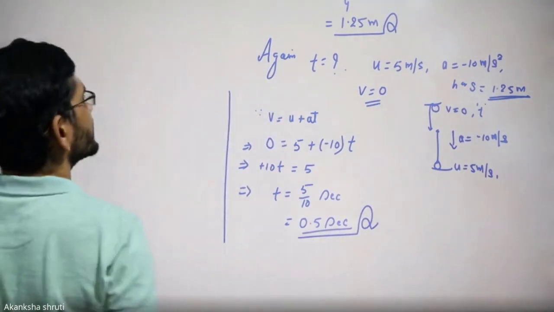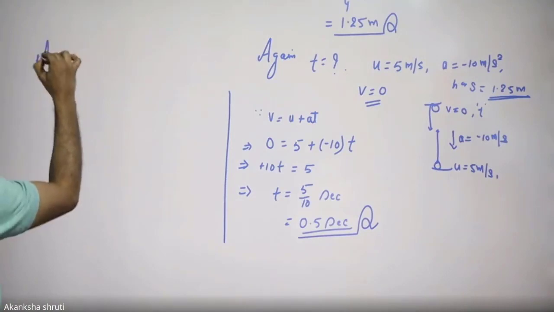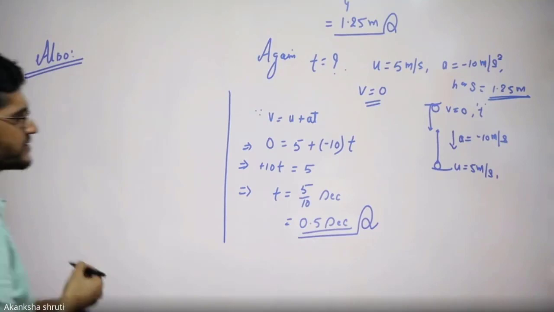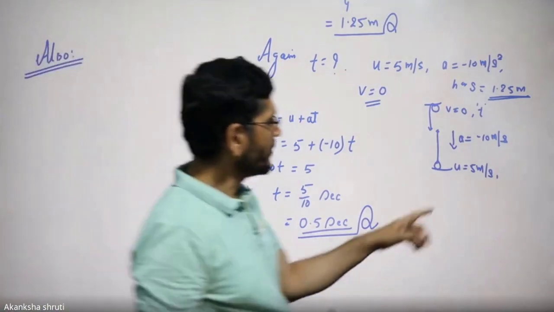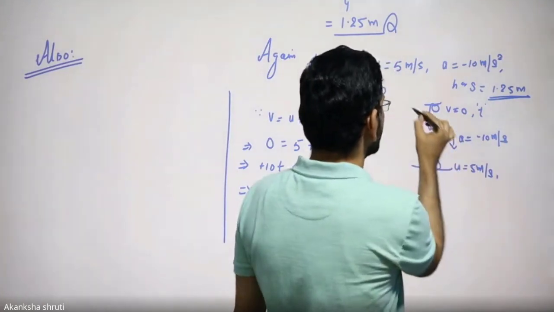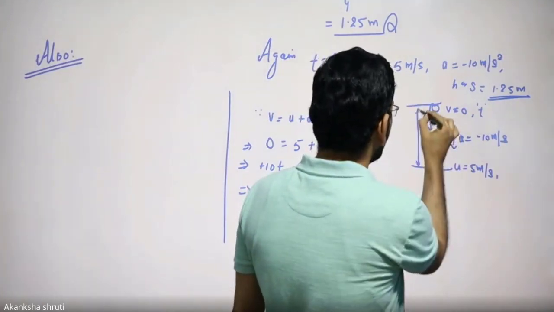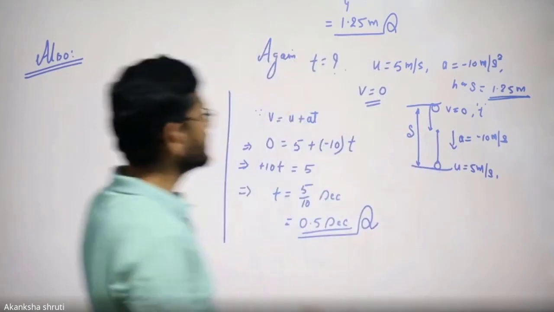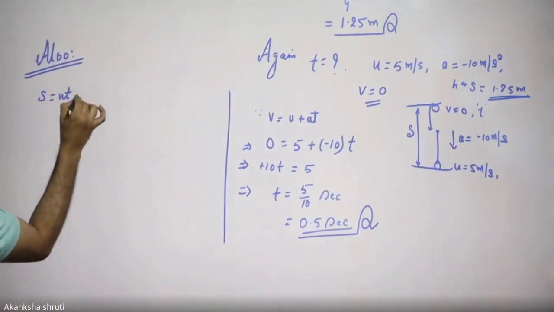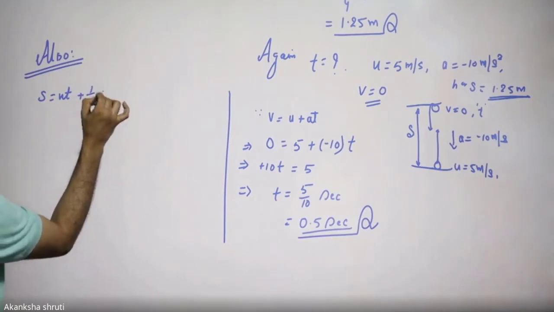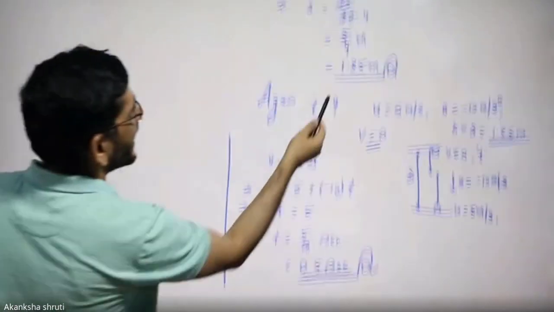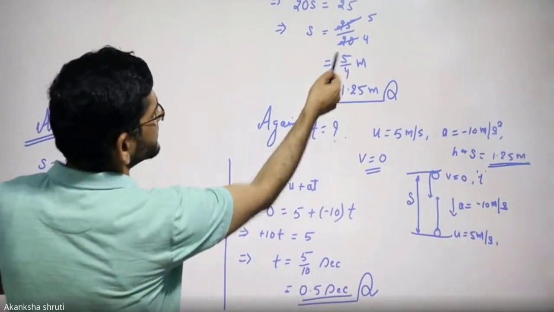Students, you can also apply this. Once we have calculated the height h, or this s, we can apply s is equal to ut plus half at square. See here, s is the height that the body travels.